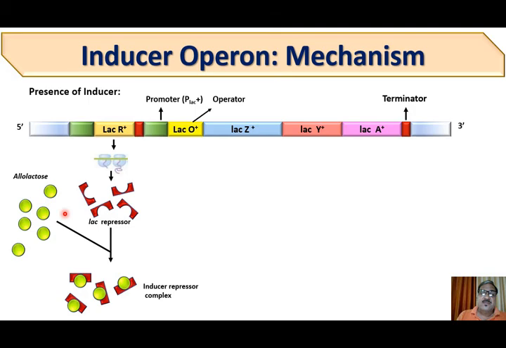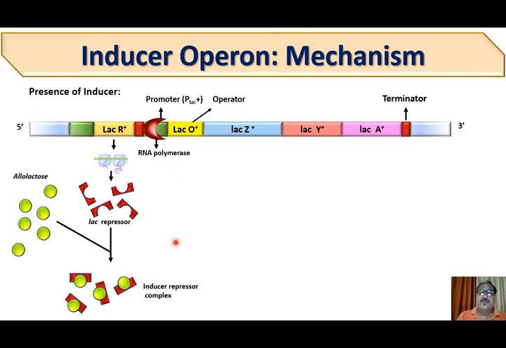So these lac repressors, in presence of the inducer allolactose, bind with it and form an inducer-repressor complex, and this complex alters the structure of the lac repressor, and because of this the lac repressor cannot bind with the lac operator.